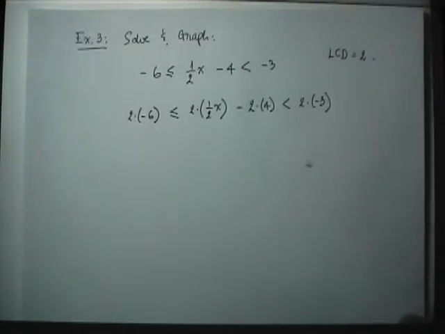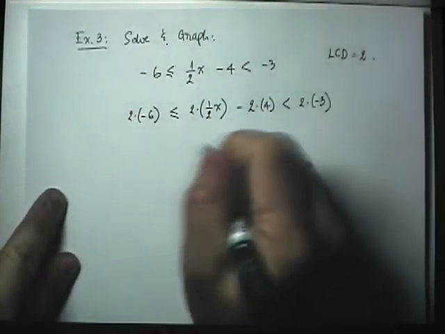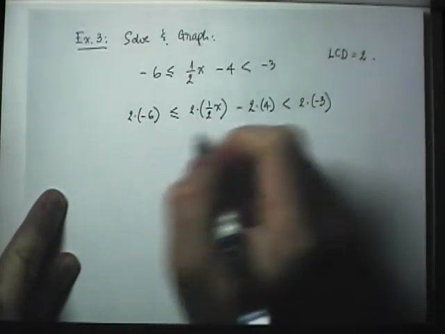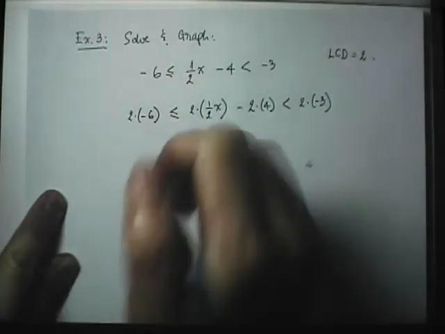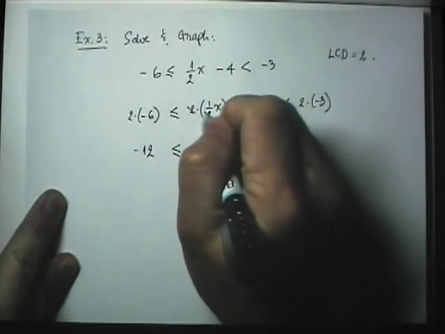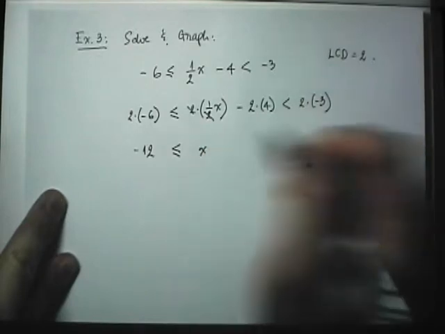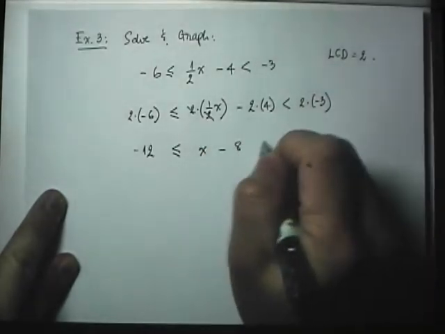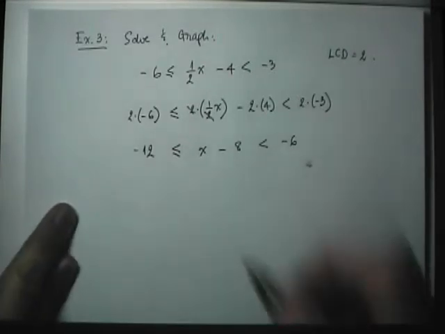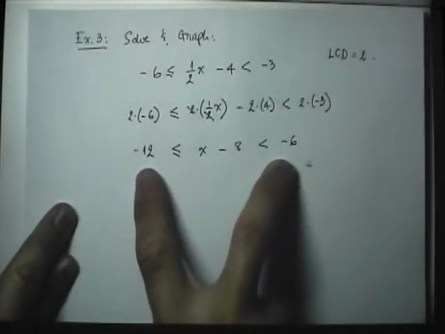And so what I can do now is simply cancel the fractions away, clearing the denominators. On the far left side, I have negative 12, less than or equal to x, since the 2 gets canceled, minus 8, less than negative 6. Now this final compound inequality is quite simple to solve.